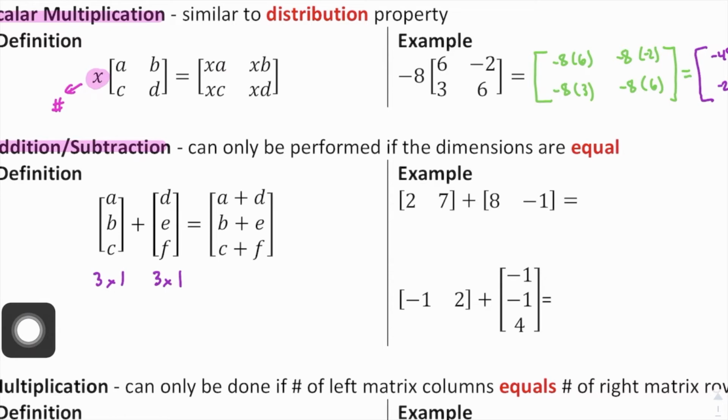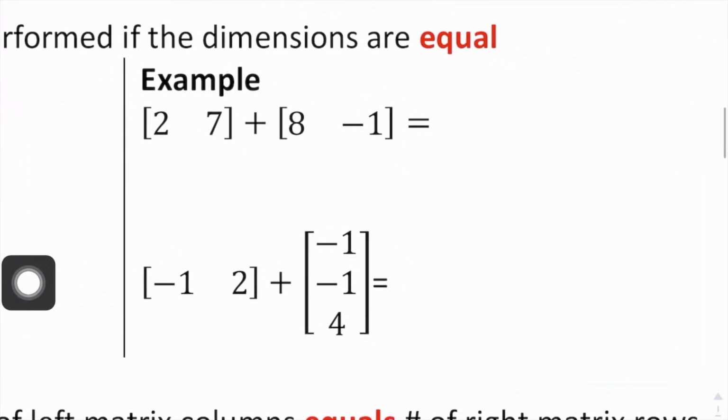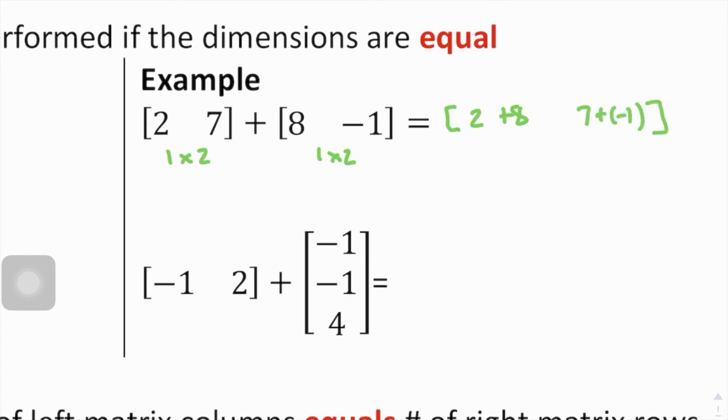So when I'm checking out this example here, I'm thinking, hey, this is a 1 by 2, and I have a 1 by 2. So we're okay. We can actually do the addition here. You should be thinking 2 plus 8 and 7 plus negative 1. When I evaluate that, I end up with 10 and 6.